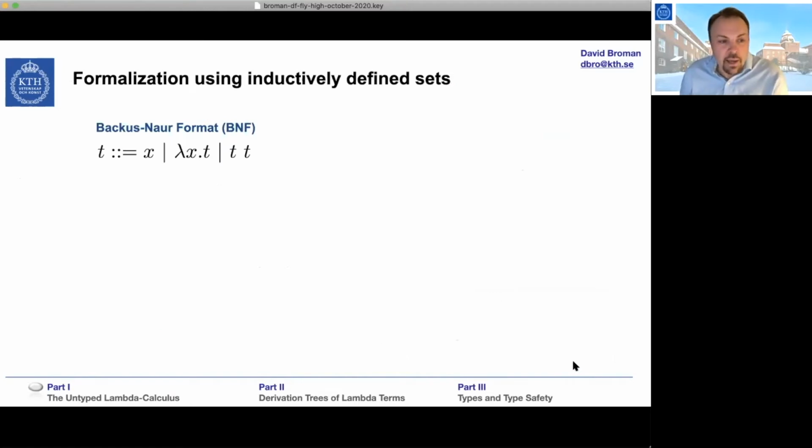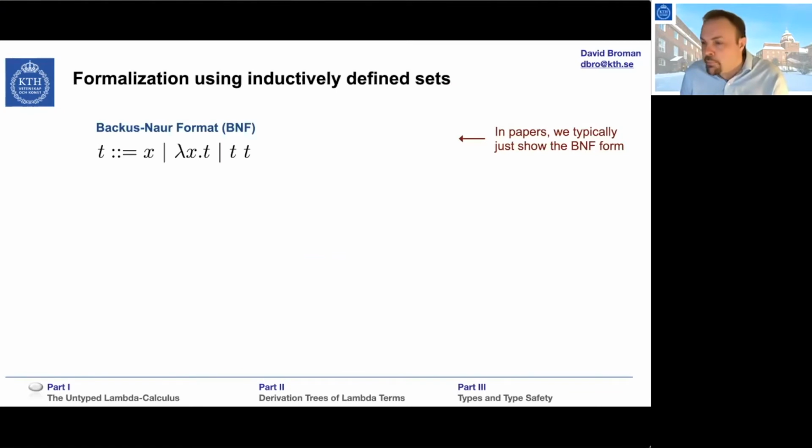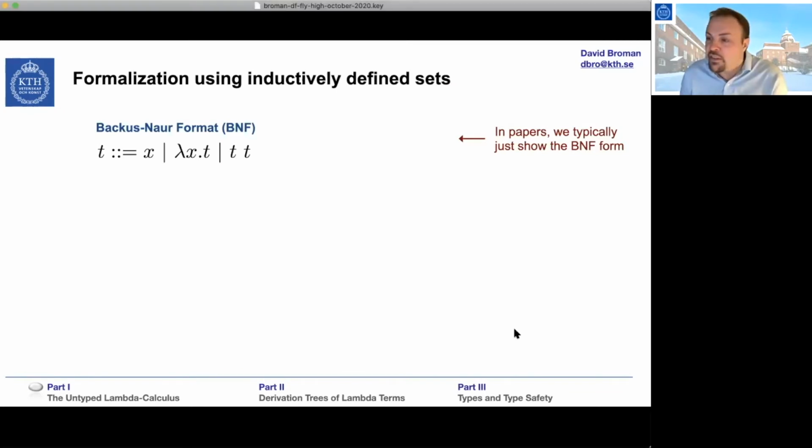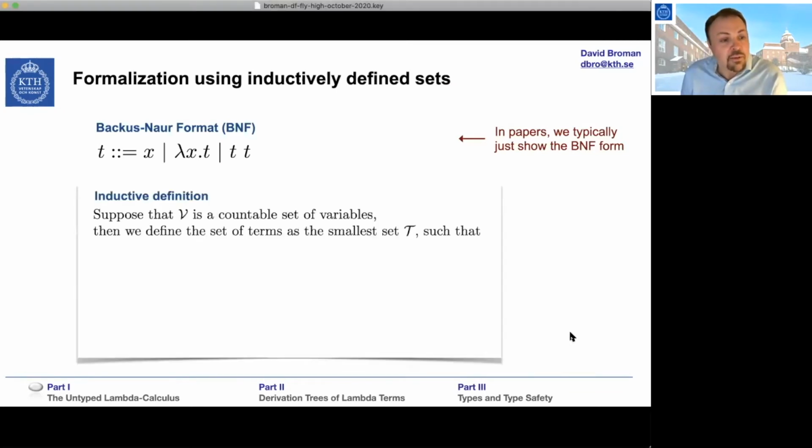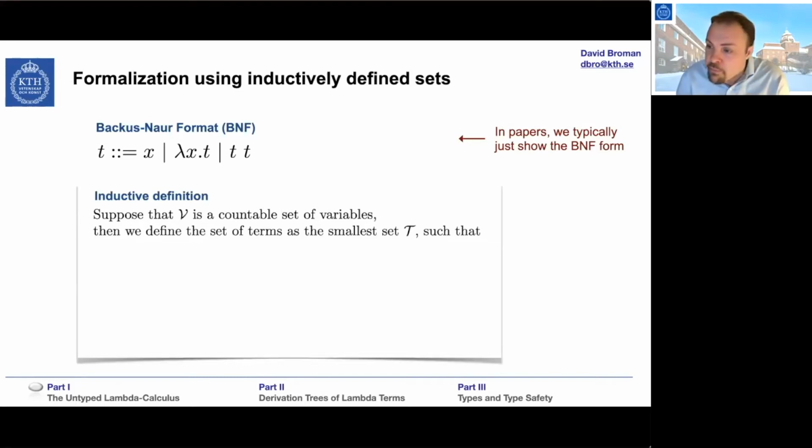So this is the Backus-Naur Form. Often if you read research papers, you typically see this as the definition of the abstract syntax. But there is actually another mathematical notation beneath it. What we are actually assuming here is an inductive definition on sets.